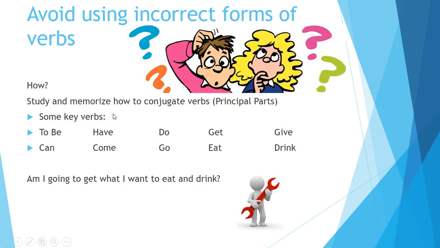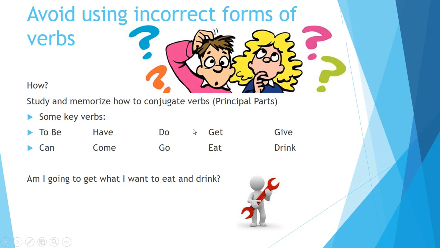Well, we have to study and memorize how to conjugate verbs. We have to study the principal parts of different verbs. I have written here some key verbs, for example: be, have, do, get, give, can, come, go, eat, and drink.